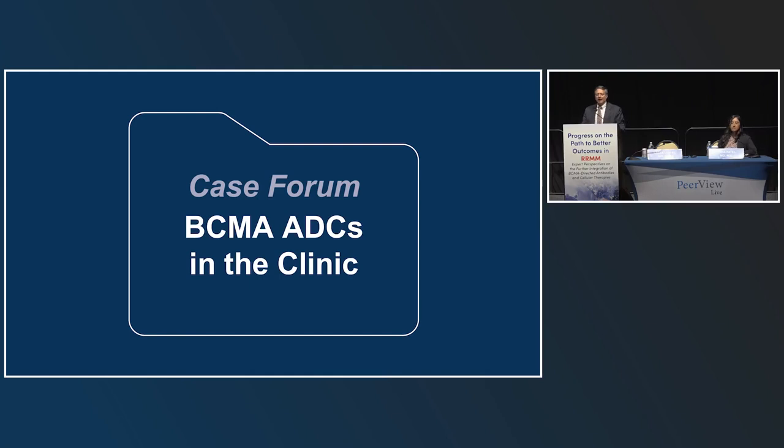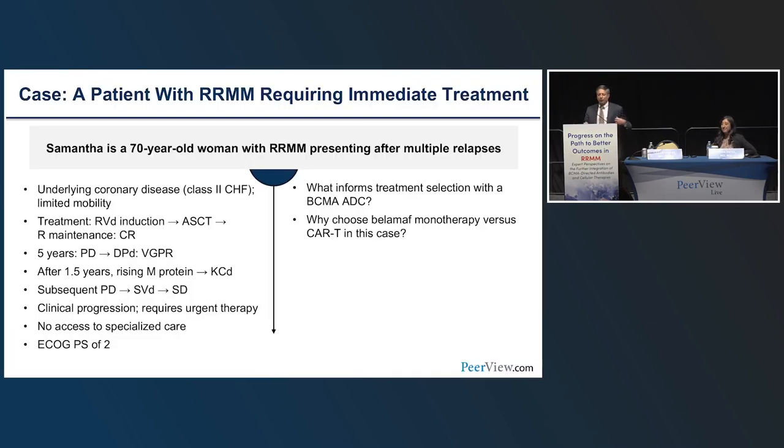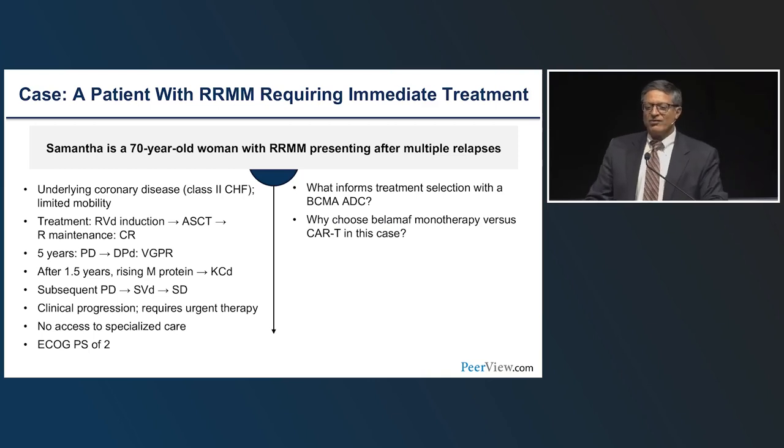So let's do a couple of cases then on this one, and I'll engage Dr. Patel here as well. This is a 70-year-old woman who presented with relapsed refractory myeloma after multiple relapses. She does have underlying coronary disease with class 2 CHF and limited mobility. Her initial treatment was RVD with a transplant and then len maintenance, achieving a CR. 5 years later, she developed progression, then got Dara-Pomdex, with a VGPR.